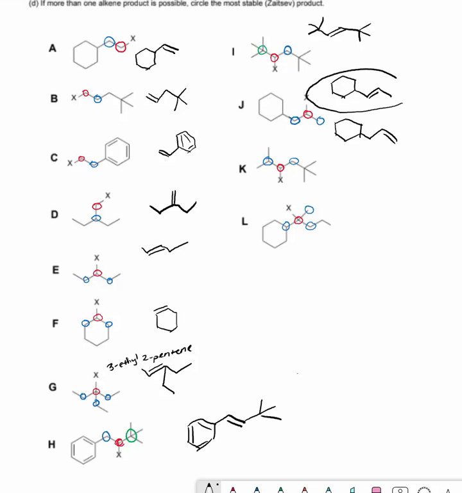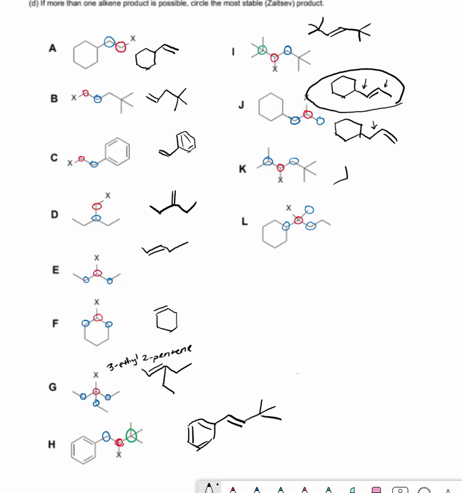This is going to be our more stable product, and it's more stable because it is a more substituted alkene. You see, there are two carbon groups, one here and one here. For this alkene, we only have one carbon group on the one side of the double bond. So this is our more stable, the internal alkene.